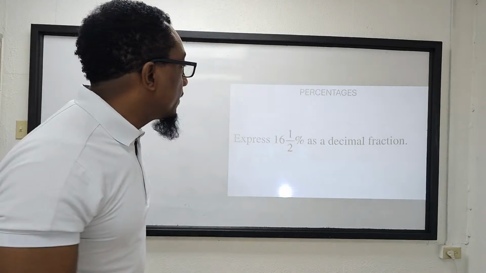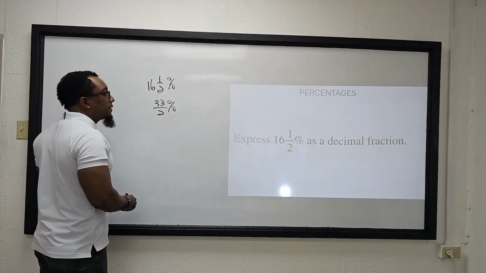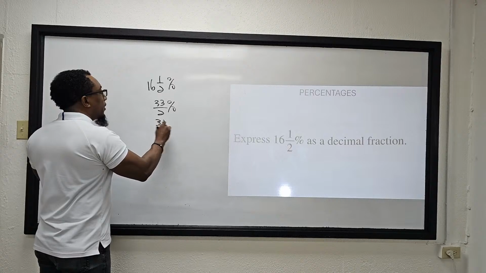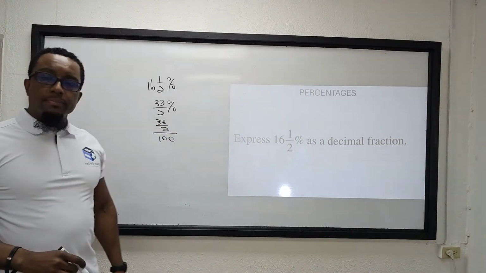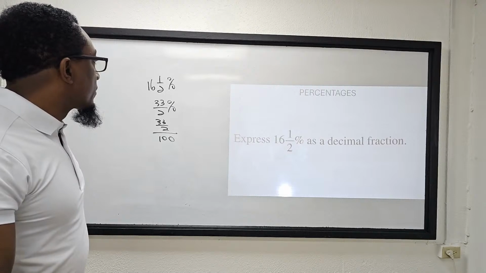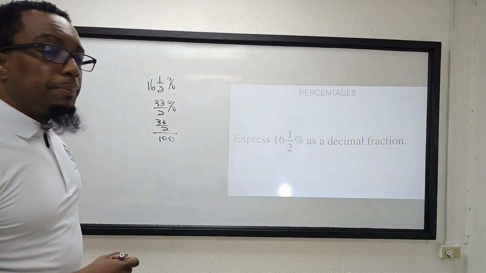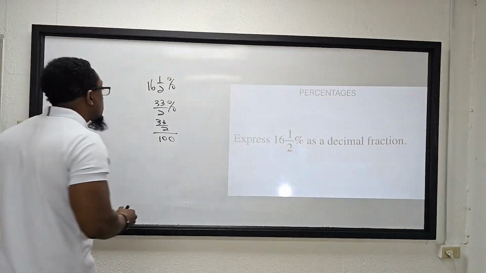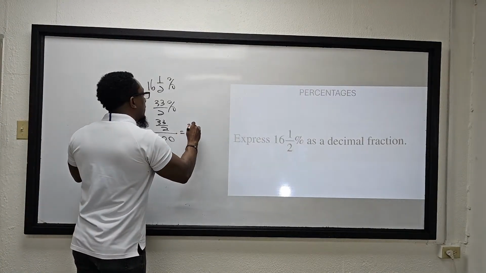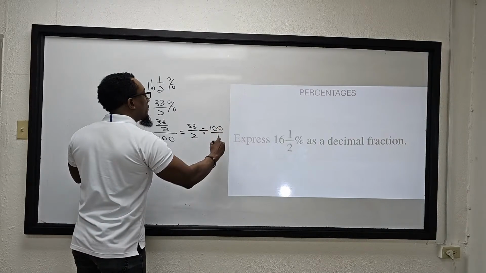But 33 all over 2% is the same as 33 over 2, all over 100. Yeah? Remember we had x percent, put x all over 100. 33 over 2% is 33 over 2 all over 100. Which is the same as 33 over 2 divided by 100 over 1.